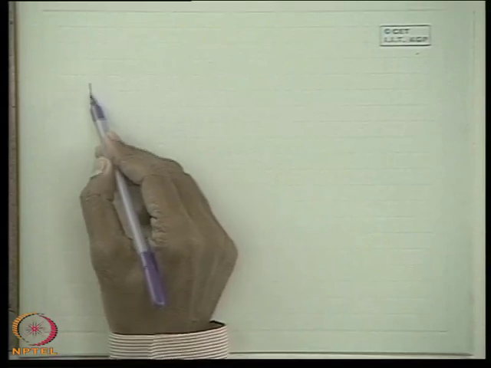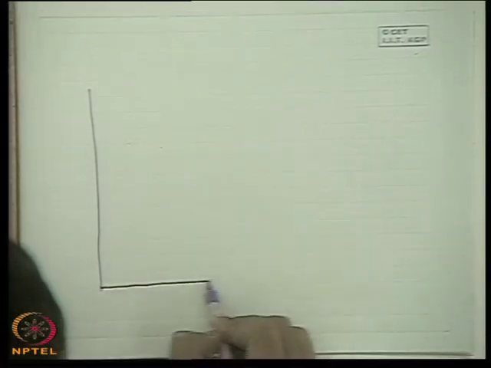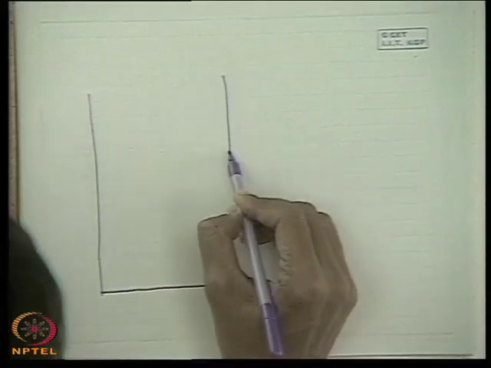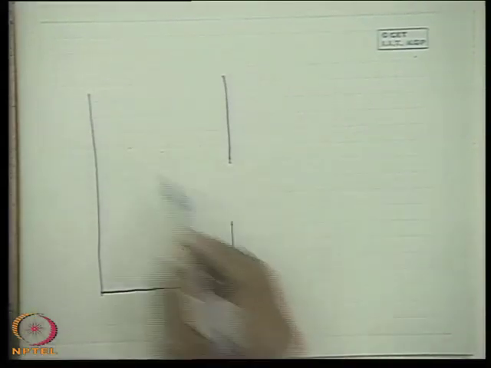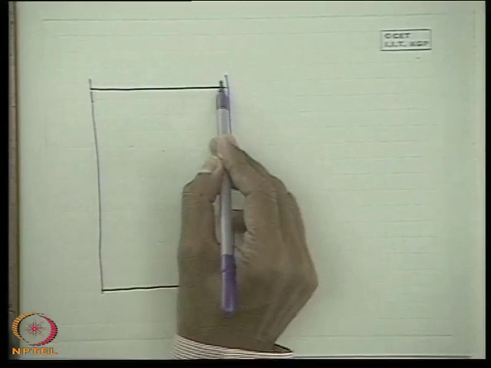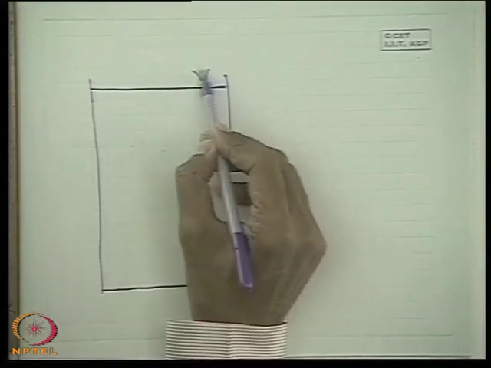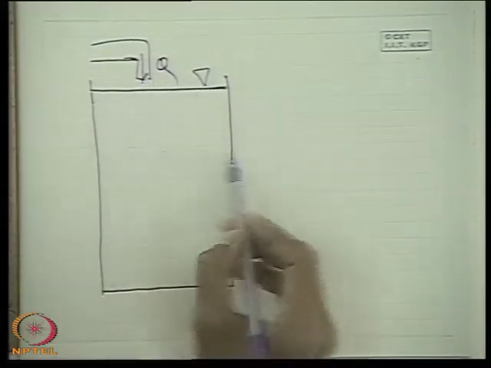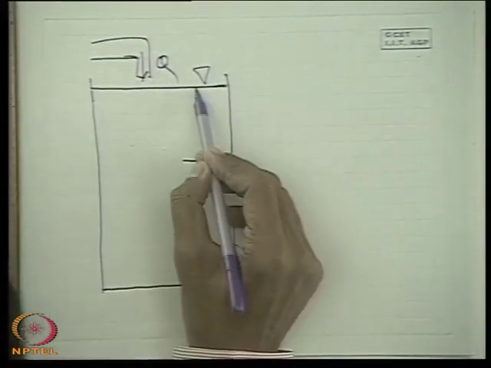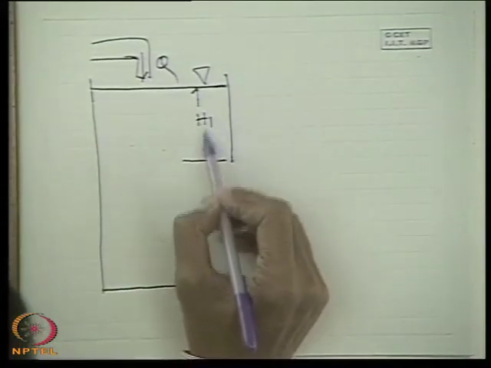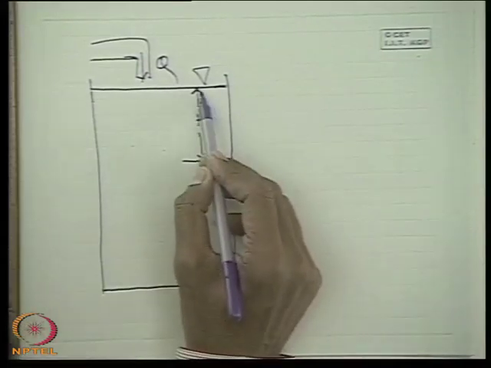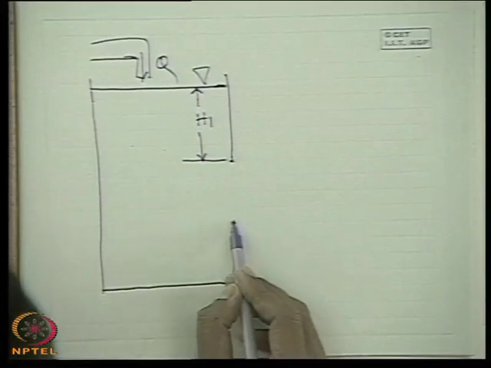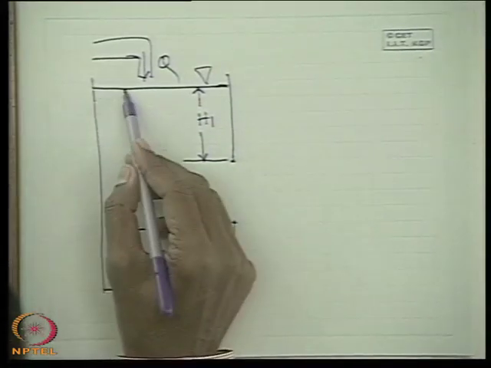If we consider a large orifice, very large with respect to the head over it, let us consider that a constant head is maintained by an inflow arrangement Q. We define H1 as the height of the free water surface from the top part of the orifice, and from the bottom part it is H2.